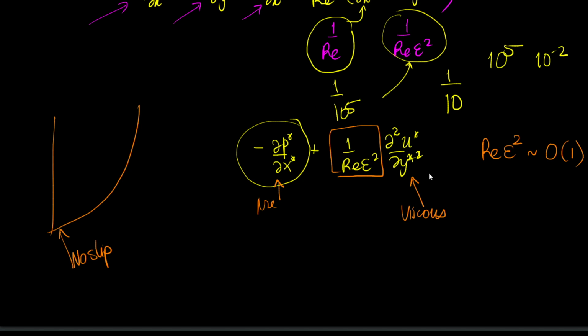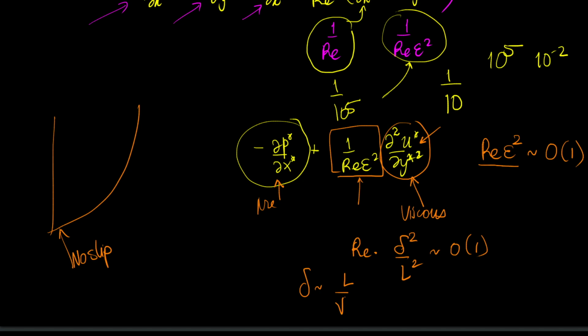If the viscous term has to be retained, then Re epsilon square has to be order 1. So this term will be order 1; the pre-multiplying factor has to be also order 1. That is Re times delta square upon L square is order 1, that is delta scales as L upon square root of Re.